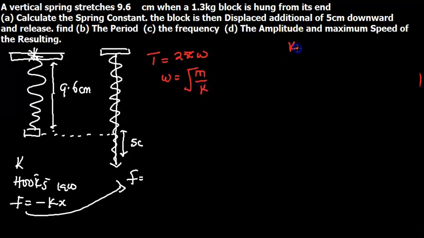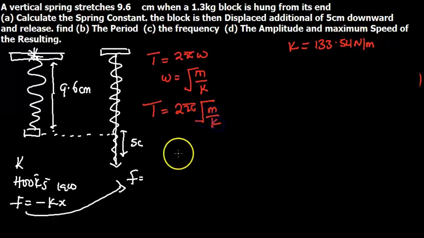Remember, our K is 133.54 newtons per meter. Therefore, our period is simply going to be 2 pi multiplied by the square root of m divided by K.